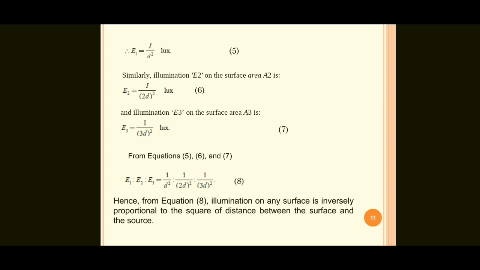So intensity means flux per solid angle, different terms. Next, mean horizontal candle power means the candle power of source in all directions in a horizontal plane. Mean spherical candle power means the candle power of source in all directions in all planes.